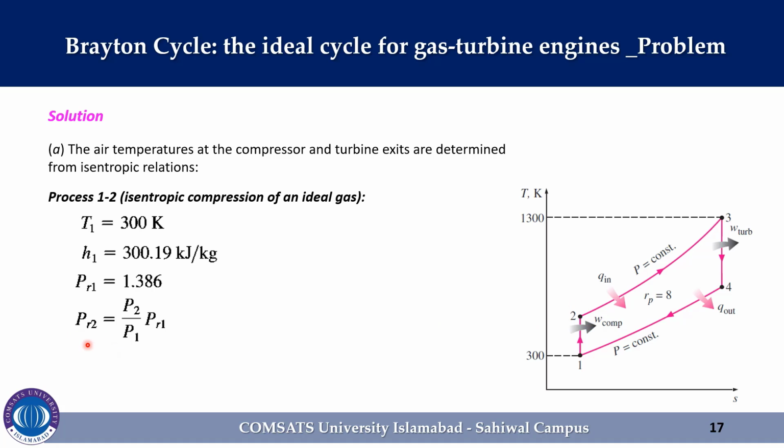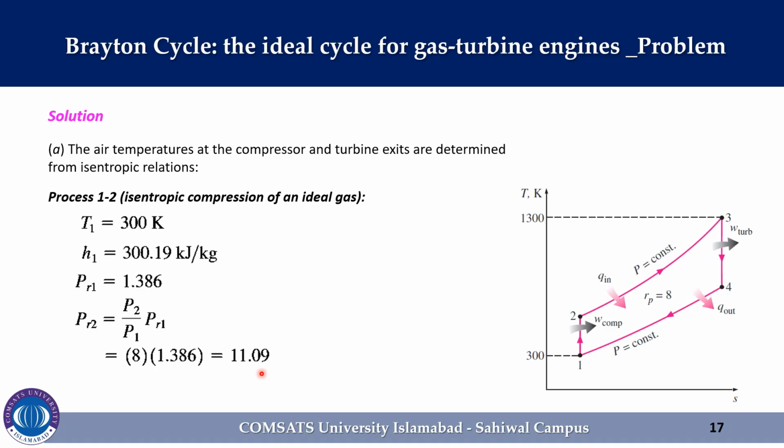Here PR1 and PR2 represent the relative pressure at state 1 and state 2 respectively. The pressure ratio P2 over P1 is already given in the problem statement, that is 8, and PR1 from the table was 1.386. After putting in all the known values, the relative pressure at point 2 will be 11.09.